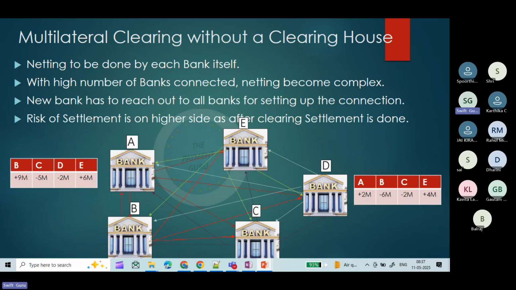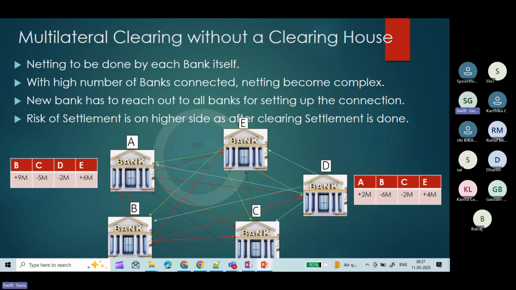See, at a bilateral level, when it is a cross-border payment, it's okay because generally one bank in India, let's say Axis Bank, will have at most one or two or three or four nostro account partners in the United States for their USD currency transactions.